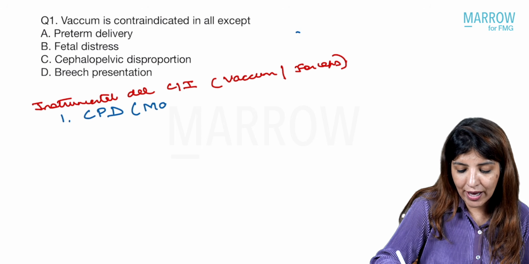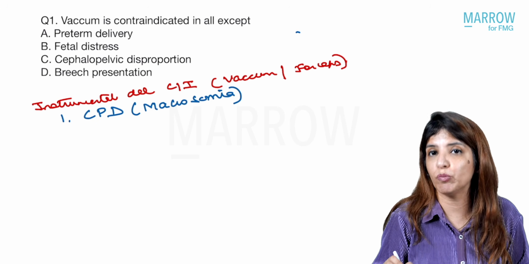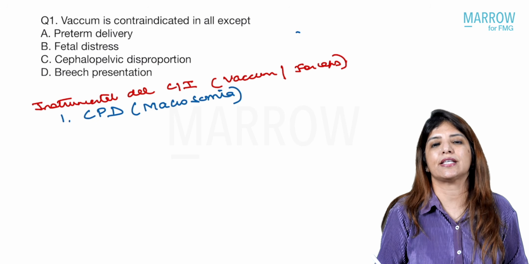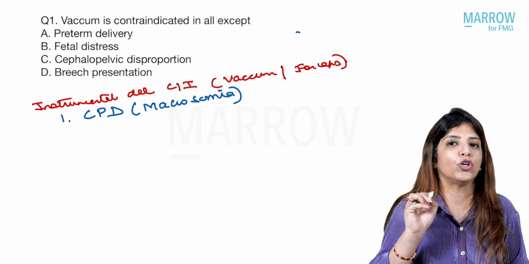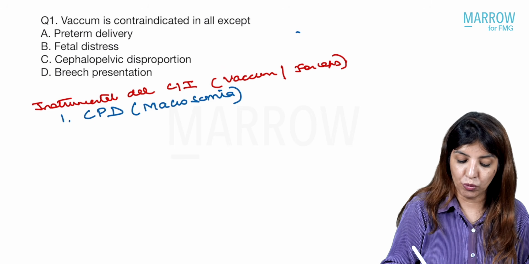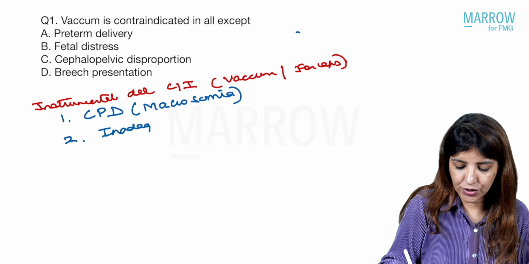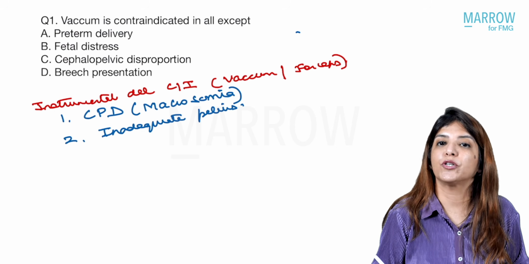Instead of cephalopelvic disproportion, your question may say macrosomia. So whenever your question says CPD or macrosomia, you are not going to apply forceps, you are not going to apply vacuum. Number two is inadequate pelvis.